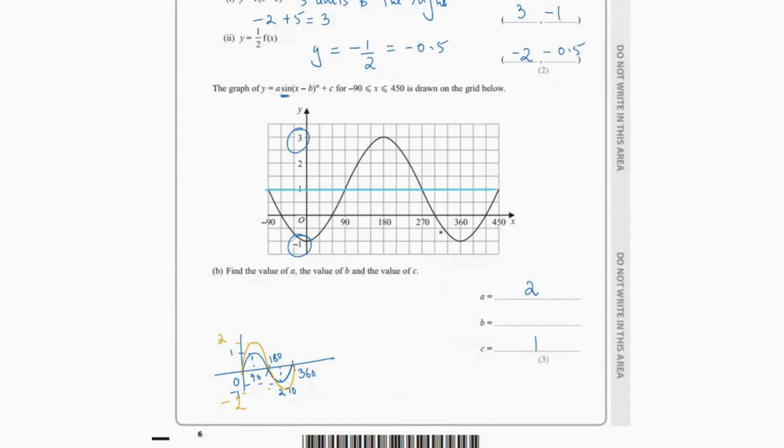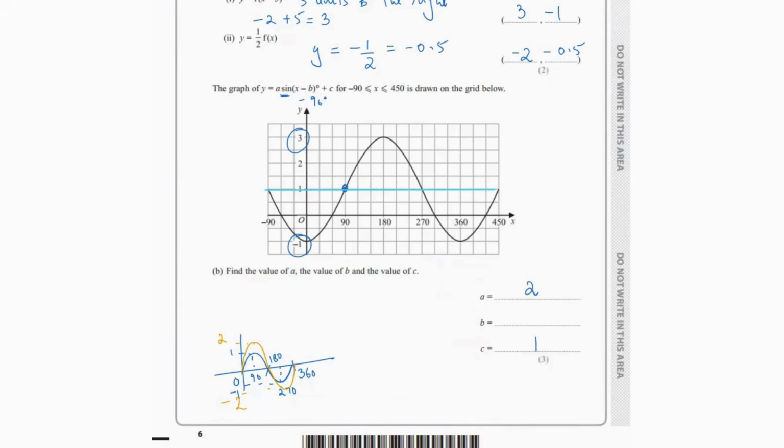Now for the b value, which is your horizontal translation, this is your 0 value. 0 is at 90, which means we're moving the graph 90 units to the right side. That shows that we are subtracting 90 over here, because I told you initially when it's minus from x, that means we're moving to the right.